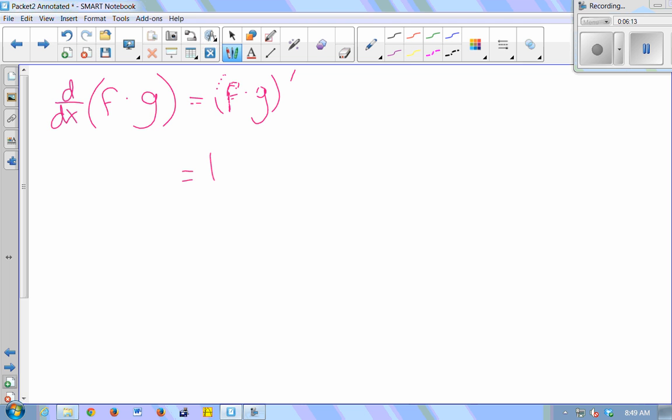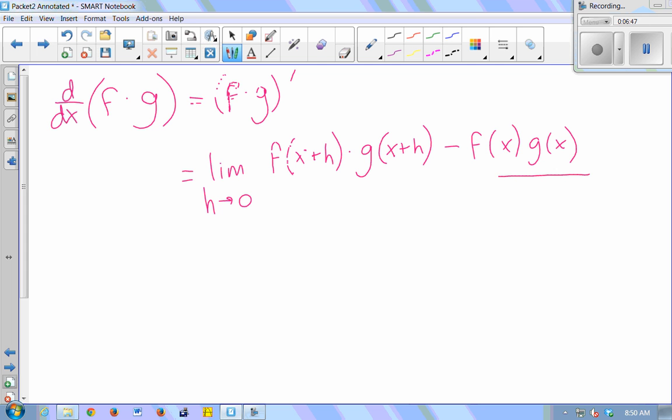Okay, so I'm going to do the limit as h approaches 0 of f times g, all evaluated at x plus h, which is f of x plus h times g of x plus h. So that's my function f times g evaluated at x plus h. Then I have to subtract f of x times g of x all over h.